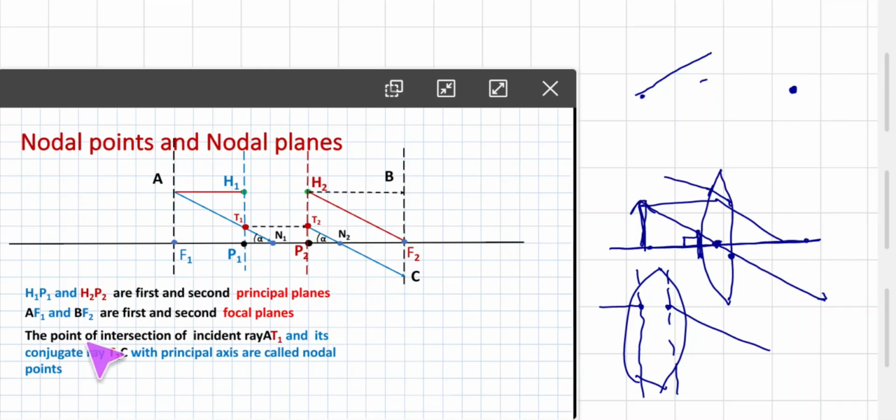So here you see the point of intersection of the incident ray A T1 and its conjugate ray T2 C with the principal axis are called nodal points.